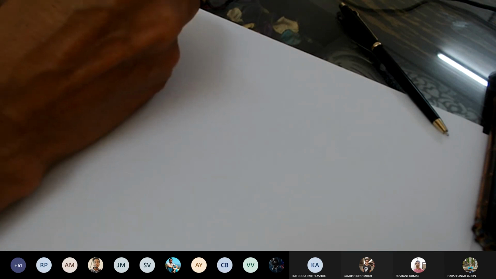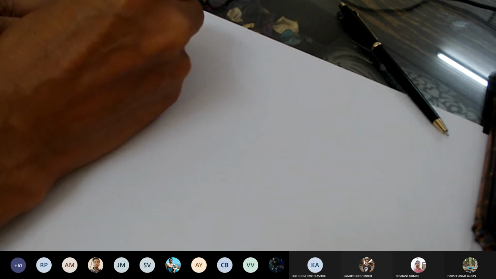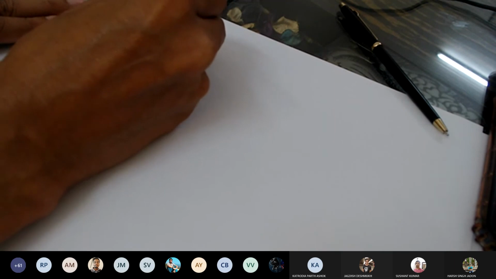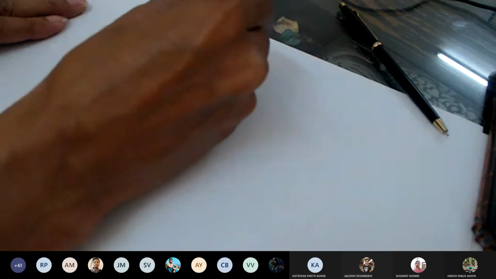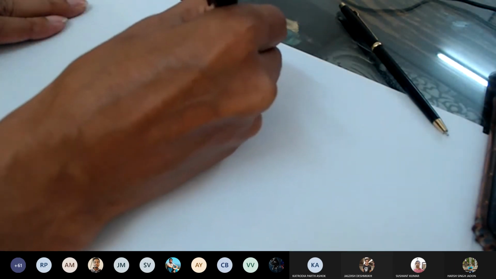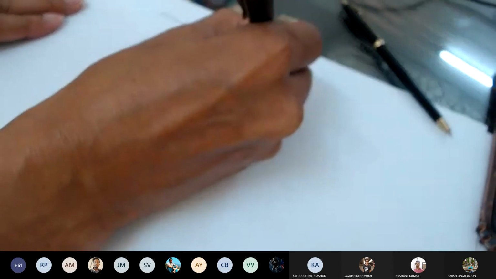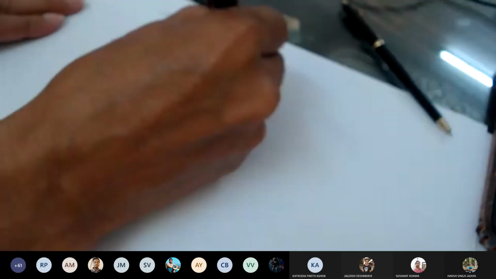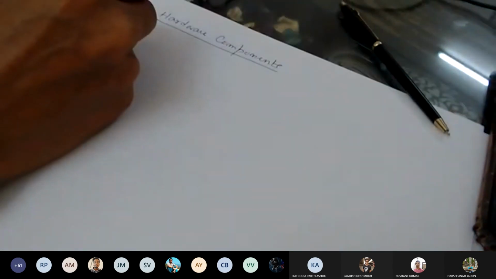So now we'll look into hardware components. The first one is the register file.